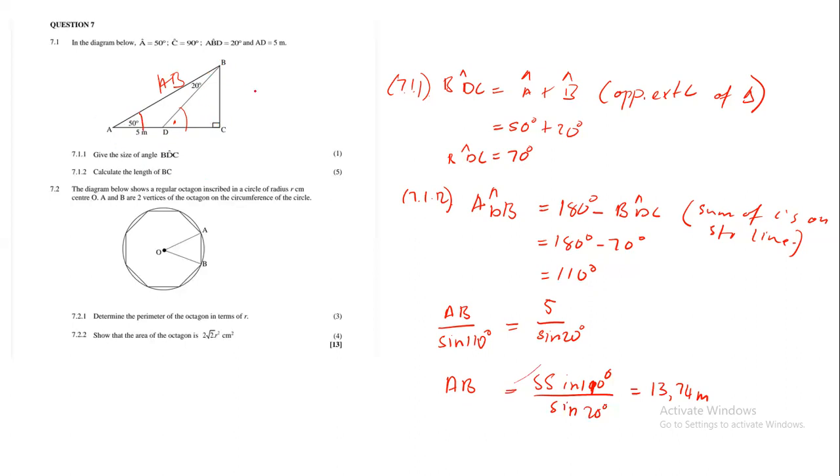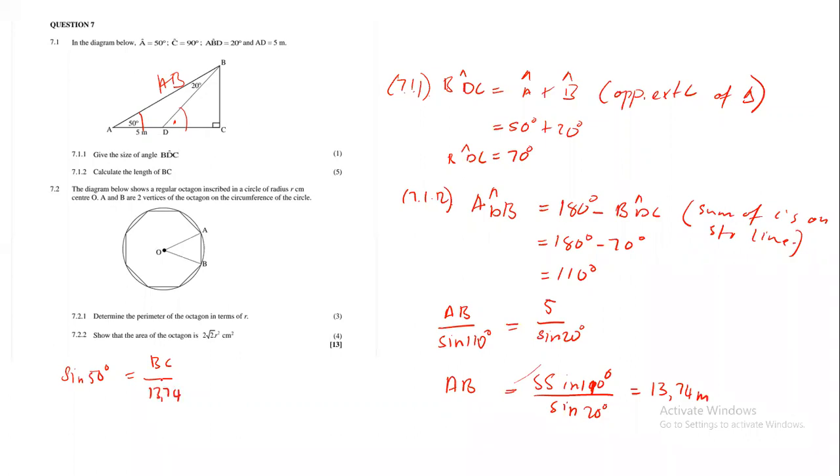Therefore, we're going to use SOHCAHTOA. We are looking for the opposite, which is BC. That means sine 50 degrees is going to be the opposite, which is BC, over the hypotenuse, which is AB.